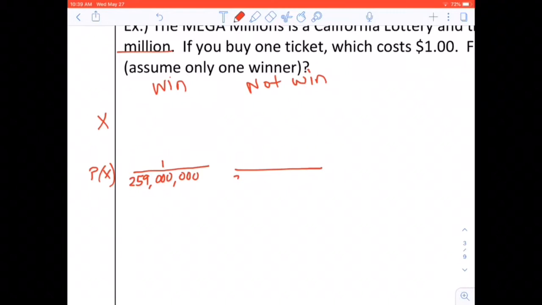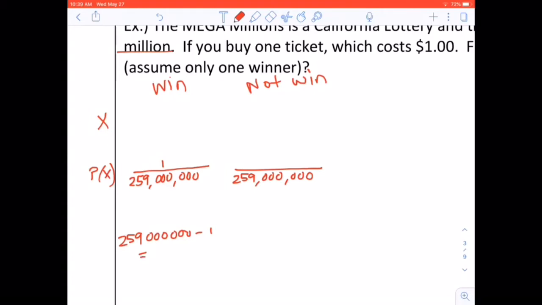Well, your denominator sample space would still be the same. But the numerator for not winning would be the 259 million minus the one ticket for winning, which equals 258,999,999. So you have a huge chance of not winning.